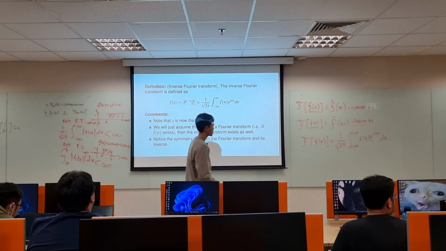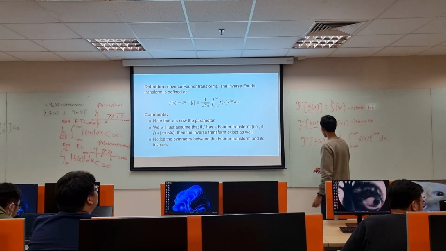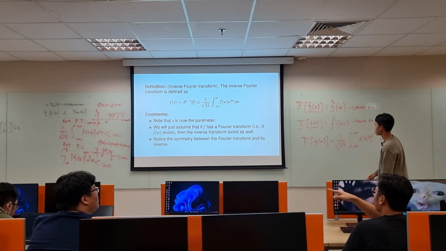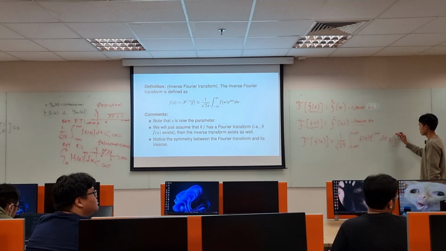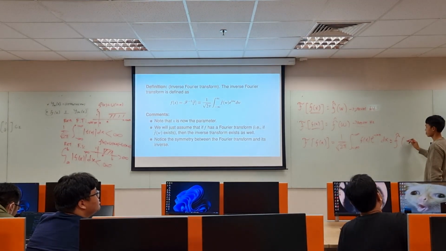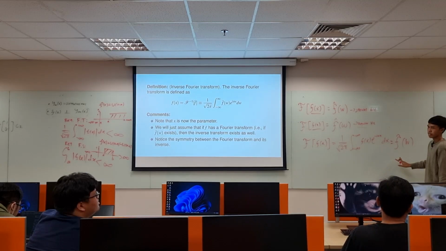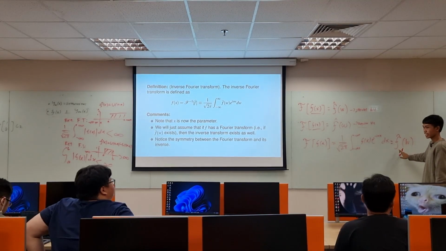Same as the Laplace transform, we also have the Fourier transform. So the Fourier transform of f(x) becomes this F(omega), representing the frequency, right?